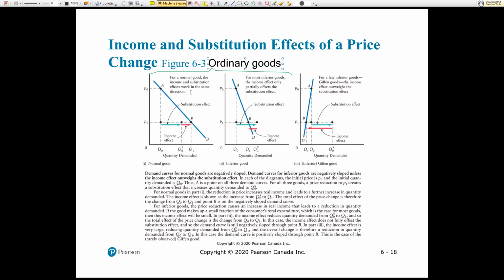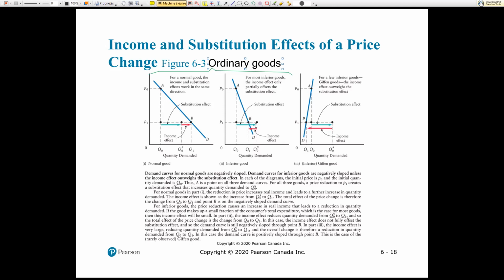And the substitution effect has to do with relative marginal utility. So this is always positive no matter what. It's always the case that if I compare 2 goods and one is relatively more expensive than the other, I'm going to consume less of it than the other. But you see that most of the time the income effect is perhaps positive but small. So these are most of the goods that we encounter normally. But for inferior goods, the income effect goes in the opposite direction.